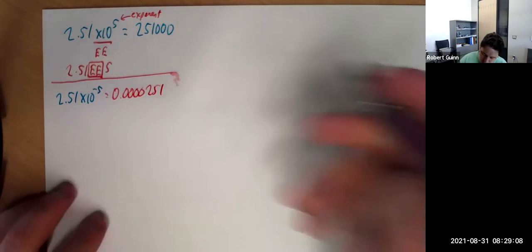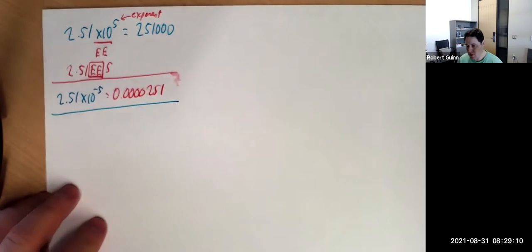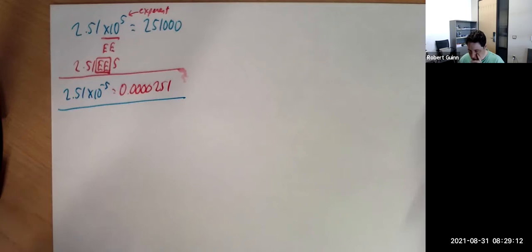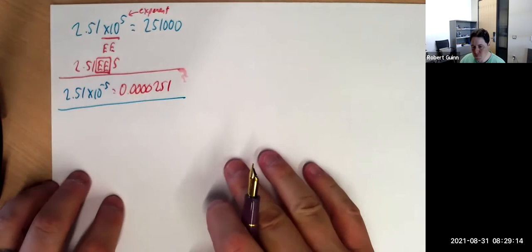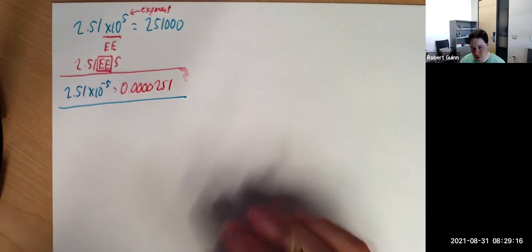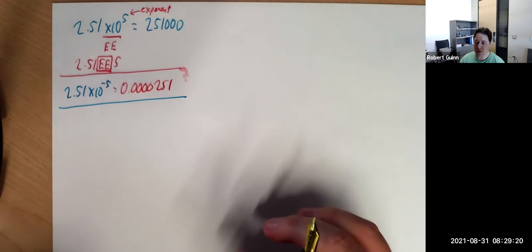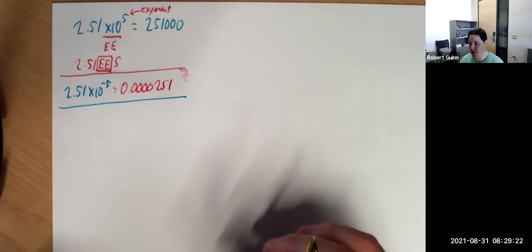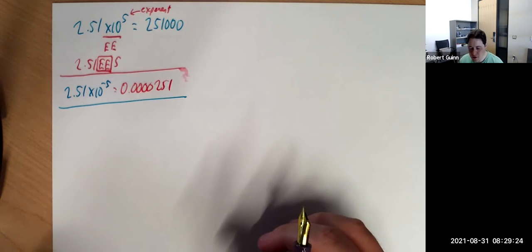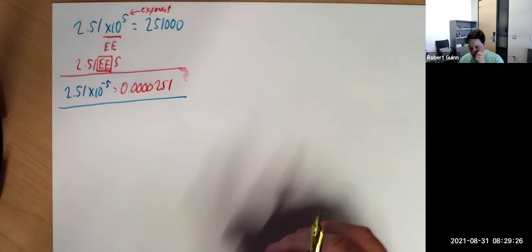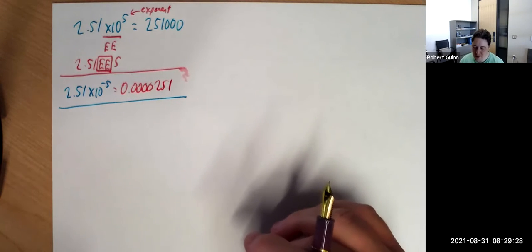Another thing that you will commonly do in class is take a number and multiply it by what's called a conversion factor. And a conversion factor can have numbers in the numerator, the denominator, or both. If it's a number in the numerator, that's pretty straightforward.